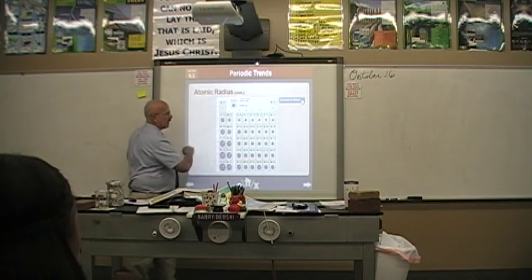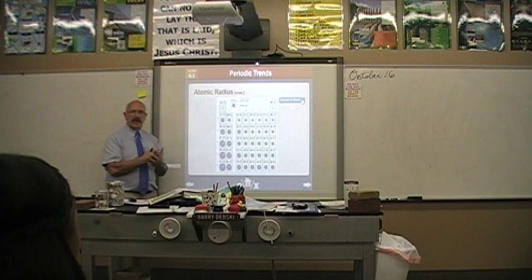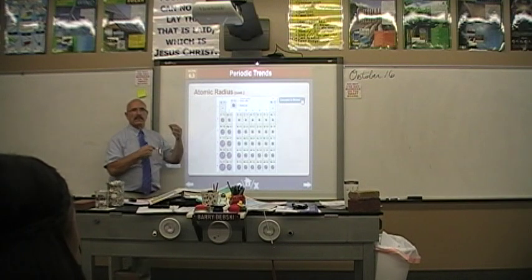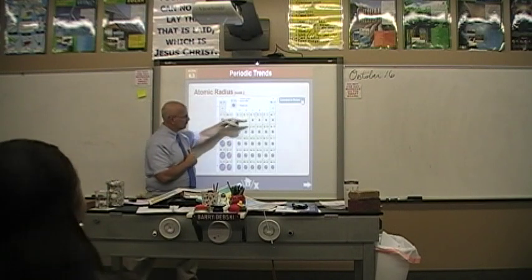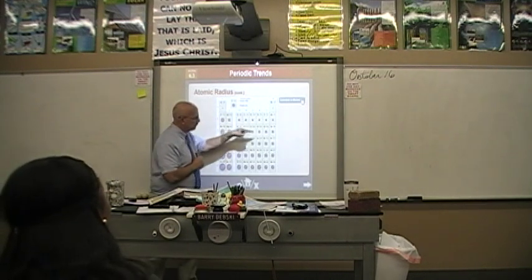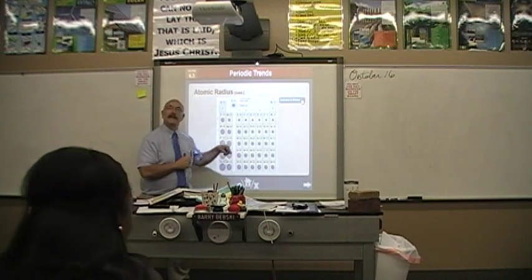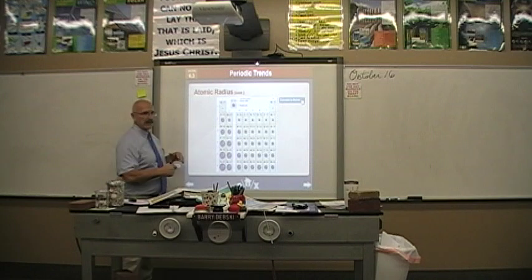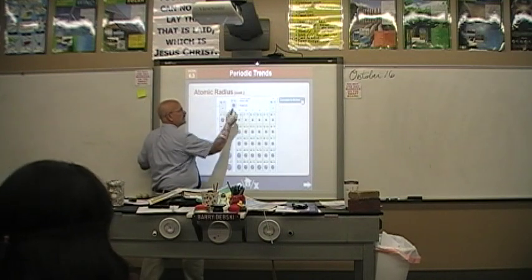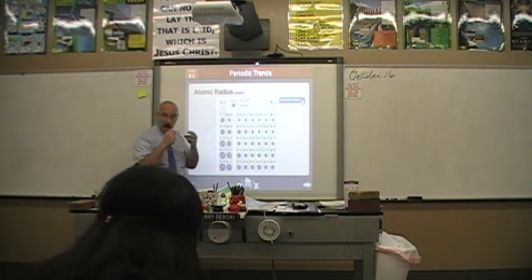So notice the pattern here. It's always like teaching with pictures. What happens as I go from left to right? Destiny? What is the pattern? Oh, they're all getting smaller. Very good. Okay, so this is what happens as I go across the periodic table. Elements get smaller. We're talking about atoms.